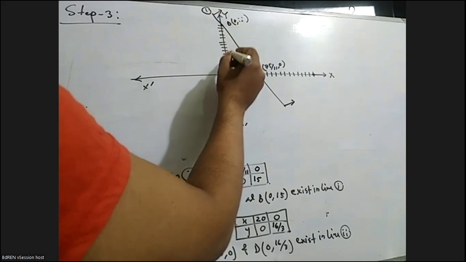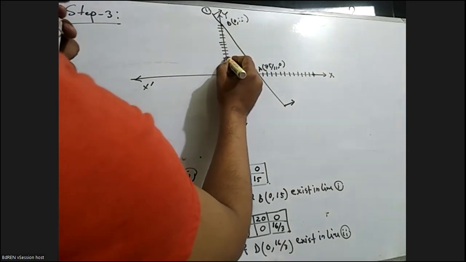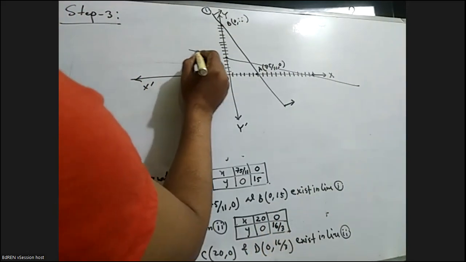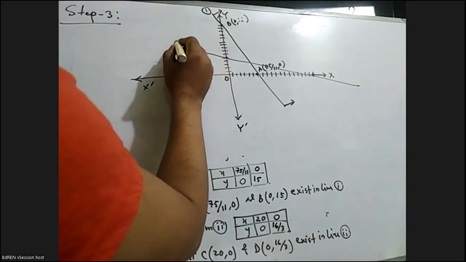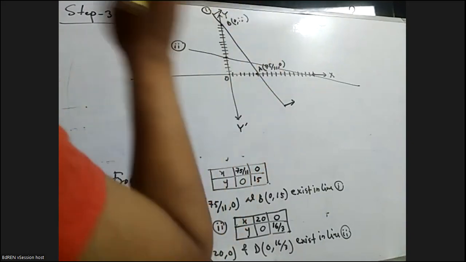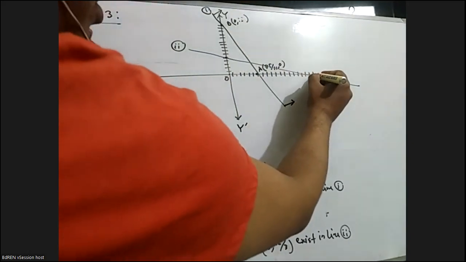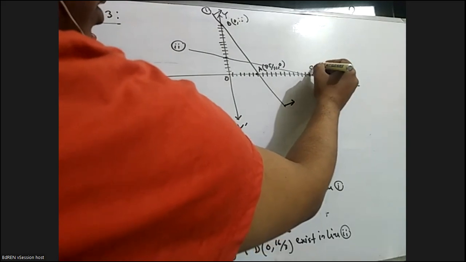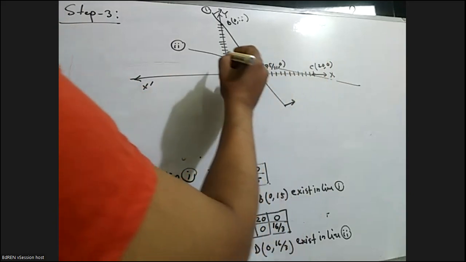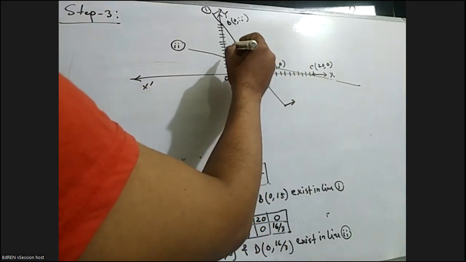Just joining these 2 points, we get it easily. This is equation number 2. And this point, the C point, is 20, comma 0. And this is the D point. Remember it.